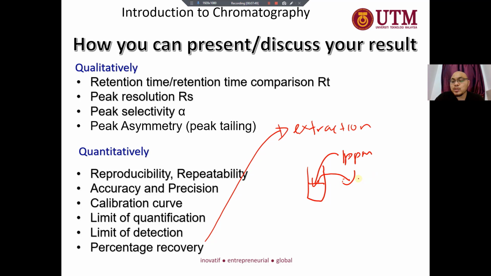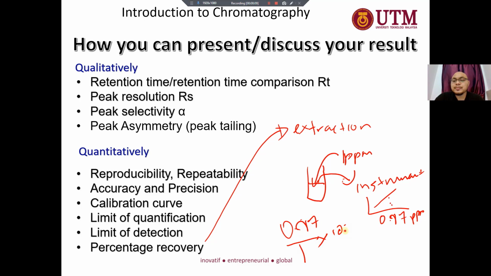After the extraction, you run through the instrument. From the instrument and the calibration curve, you get 0.97 ppm. So you can say 0.97 ppm over 1 multiplied by 100, so you get about 97% recovery.